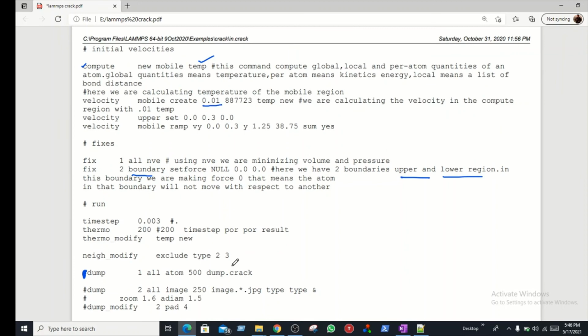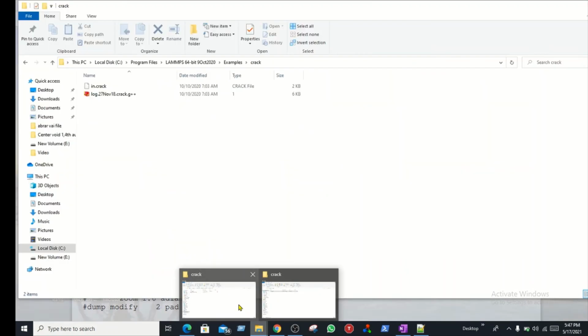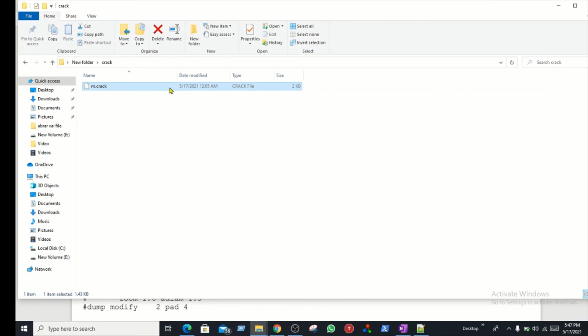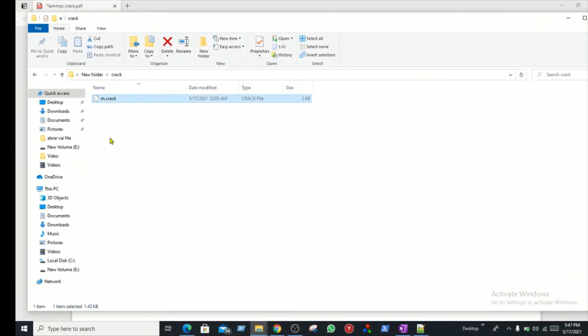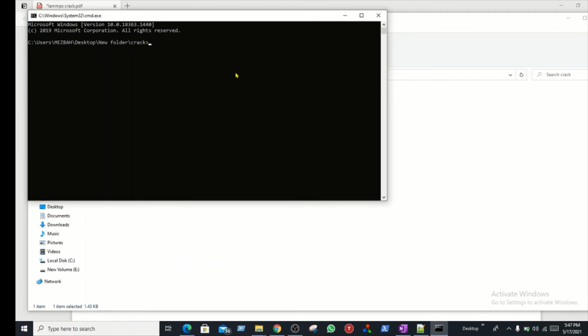Okay, now I'm going to show you how to run this command. I already copied it from the example file and pasted it in a local file, and I renamed it as m.crack, but everything is the same. At first click here and I will type cmd, write lmp serial in, and the name of our file was m.crack.